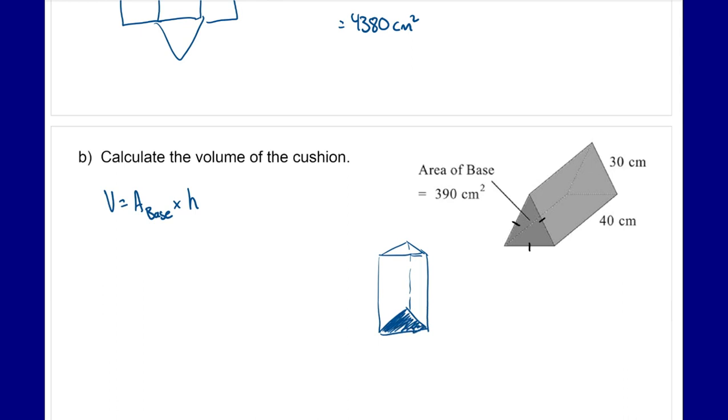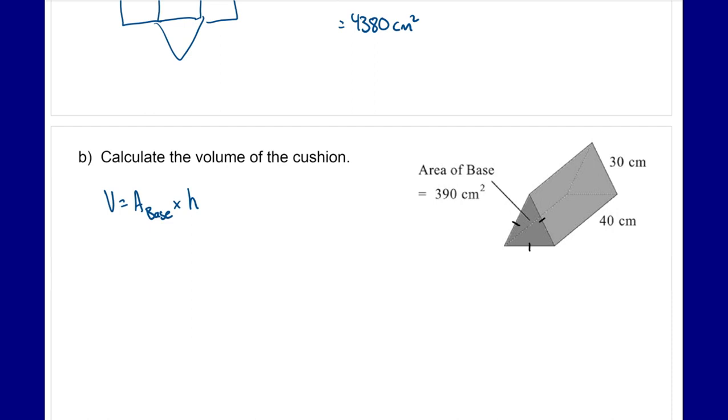And if I multiply the area of the base times the height, I'm basically adding up every slice all the way up to the top. I'm just adding a slice, adding a slice, adding a slice, and so on. So that is what we're doing to figure out the volume. Area of the base times height is our general formula for volume.